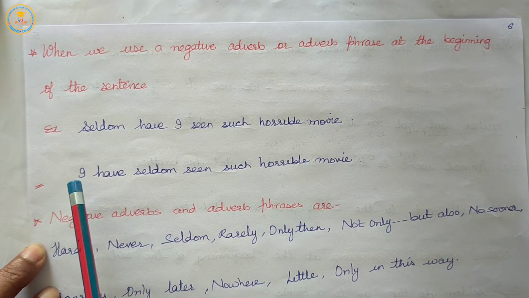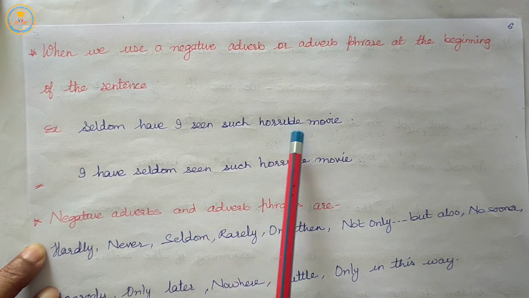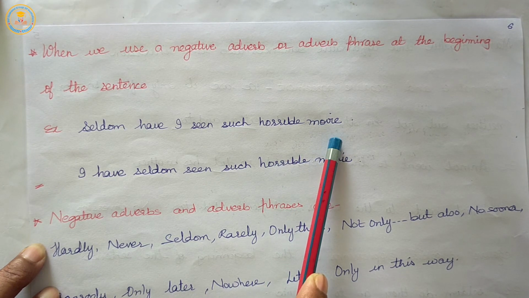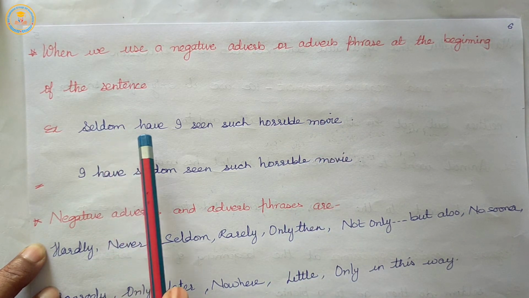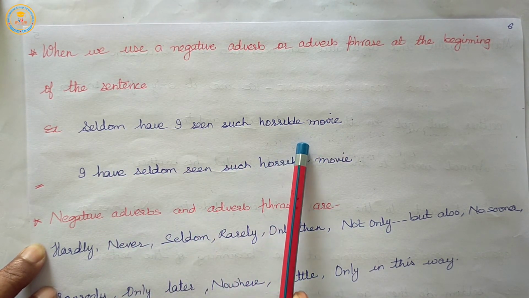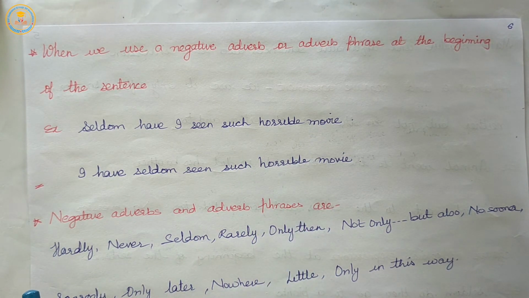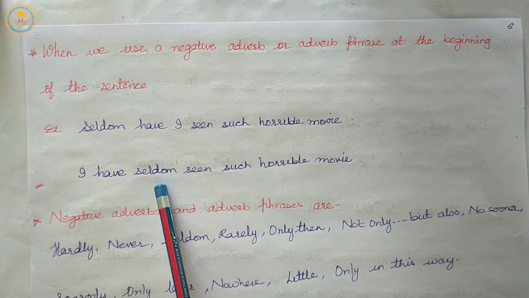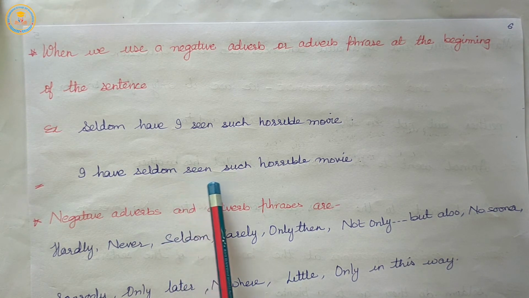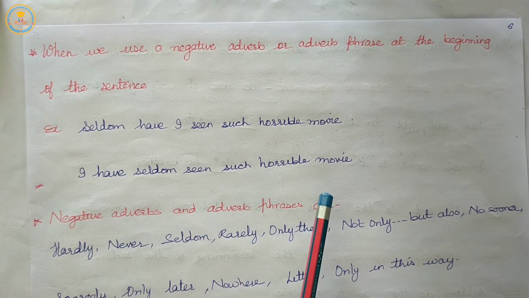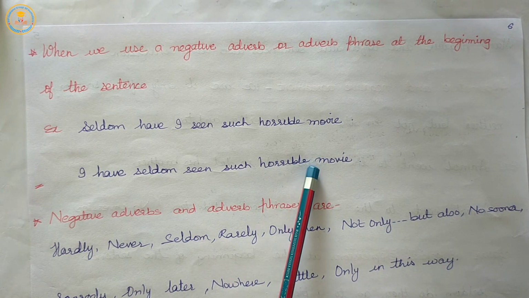So here, seldom have I seen such a horrible movie. Seldom is at the beginning, so we use inversion. This sentence emphasizes what a horrible movie it is. I have seldom seen such a horrible movie. Seldom is in the normal place, so we don't use inversion. This is a normal sentence with no special emphasis.